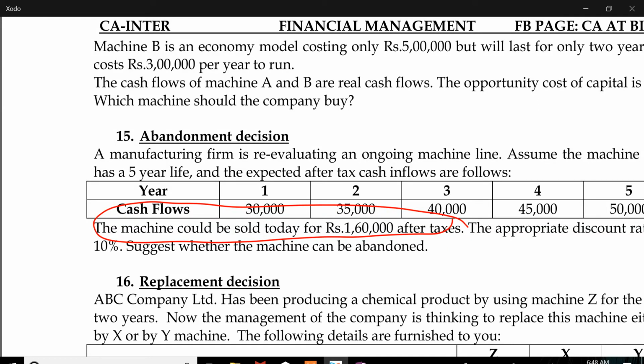Now I will move to the next decision, which is a significantly important one, which is the replacement decision. Till now we have done two types of decision. First one was new purchase. This decides whether to buy an asset or not.